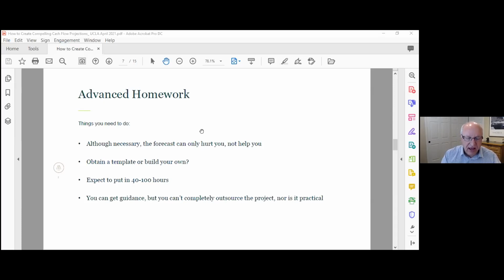A lot of people ask me what software you should use. There are different software options out there, but I've never used any of them. It's not like there's a magic software that's generally accepted. We've always just used Excel to build these. However, we do build templates in Excel, and we've got two different versions.